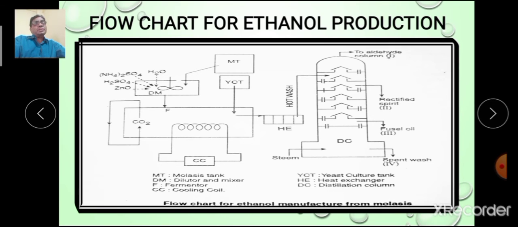After production of the new product, that is ethanol, it is taken for separation. This is known as a column, a tall column. Here the abbreviations are clear. We will see the reaction taking place in this in detail in the further slides.